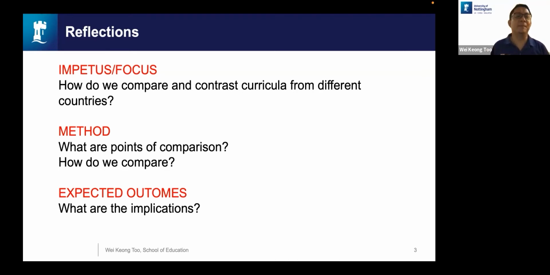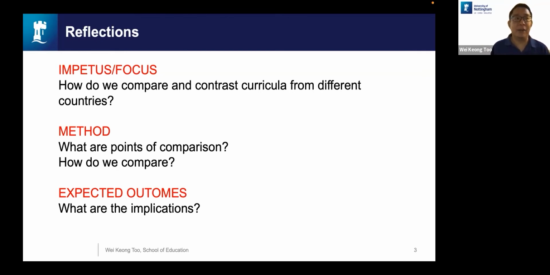So the questions that I ask myself: what are the points of comparison? And how do I compare it? And lastly, before I actually carry out the comparison and analysis, I ask myself, what are the expected outcomes that I want to see?